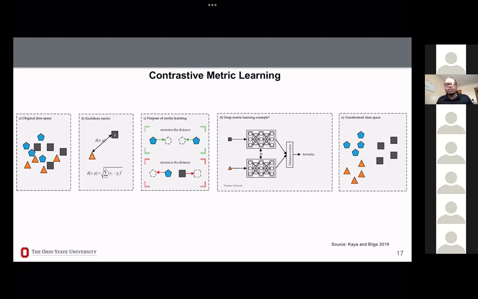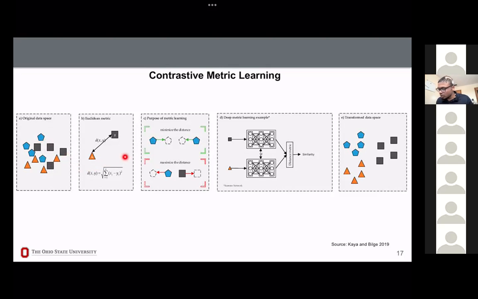The main motivation of contrastive learning was metric learning, and metric learning literally means this: you have this data space, which has similar samples. You assign this notion of similarity, by the way. The blue ones are similar in some high level meaning, and these similar samples are all jumbled together, and you want to find a space which nicely separates them out and clusters them together.